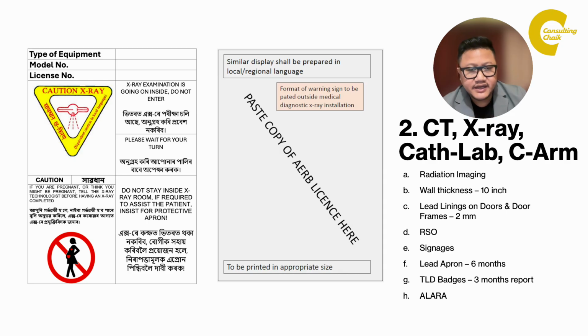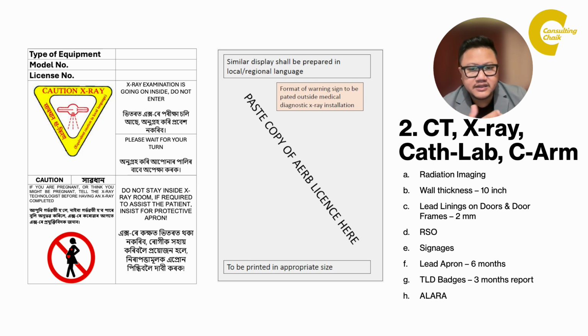You have the inverted triangle, and then you have points written like X-ray examination is going on inside, do not enter, please wait for your turn, do not stay inside X-ray room, if required to assist the patient, insist for protective apron. And then you have the caution related to pregnant women. On the right hand side you have the license put, and this is for the signage.